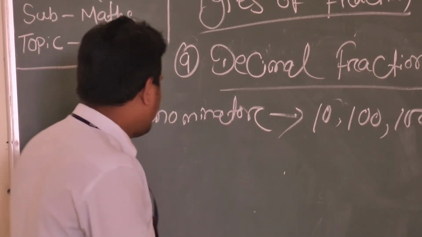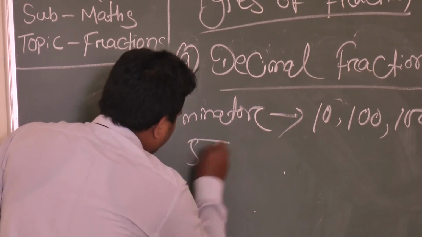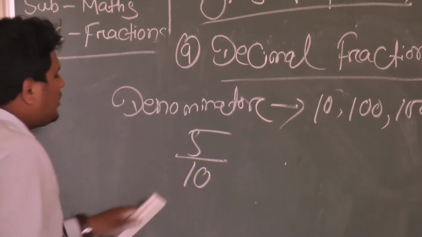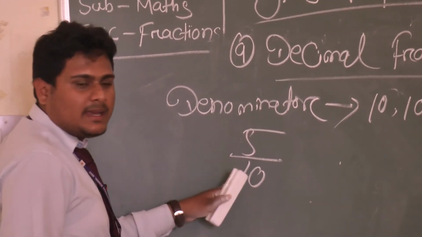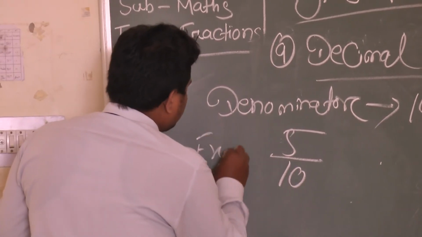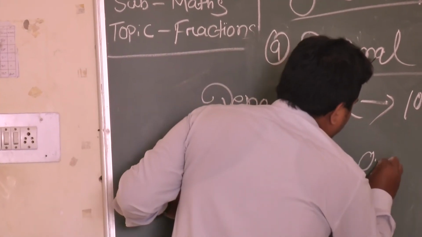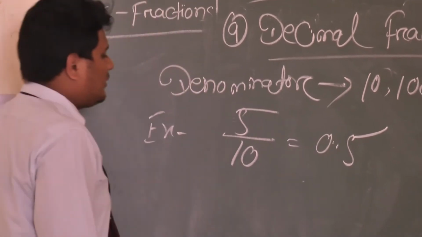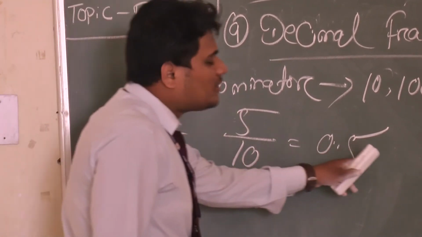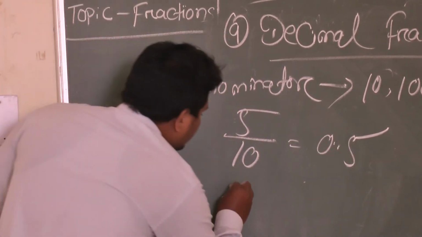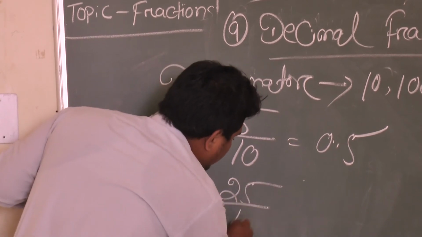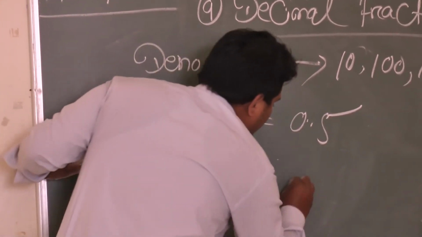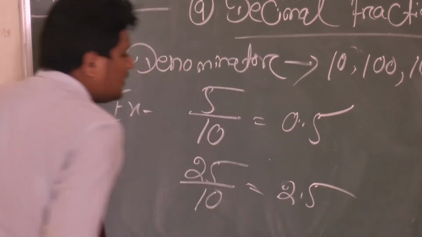Okay, see one example. Suppose we have written 5 by 10, we can change it into the decimal, that is 0.5. Okay, 5 by 10 can be written as 0.5. If 25 by 10, then we can write it 2.5 in decimals.